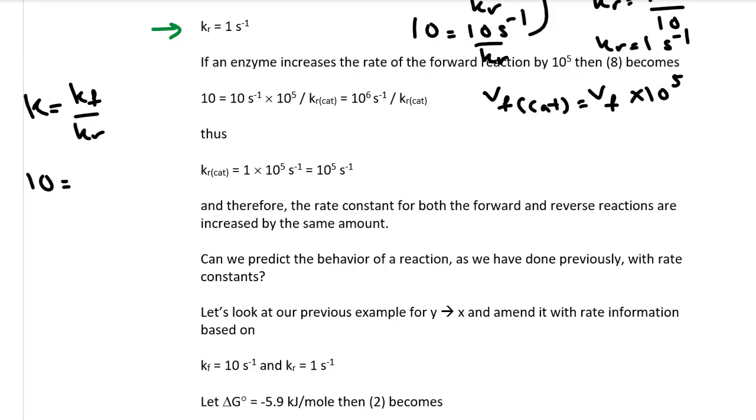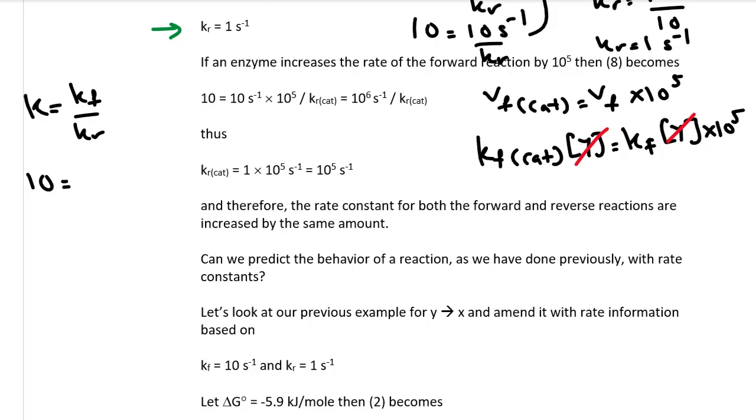So Vf equals Kf cat times the concentration of Y, our reactant, and Vf equals the normal Kf, the rate constant for the forward reaction without an enzyme, times the concentration of Y times 10 to the 5. Now the Y's cancel out because the concentration of Y is not different between the two sides.